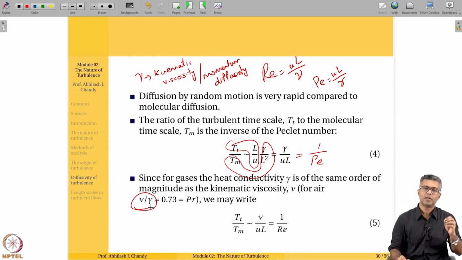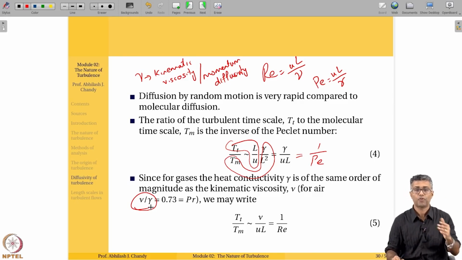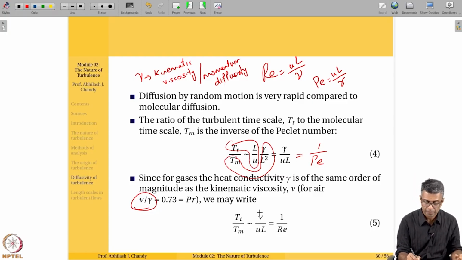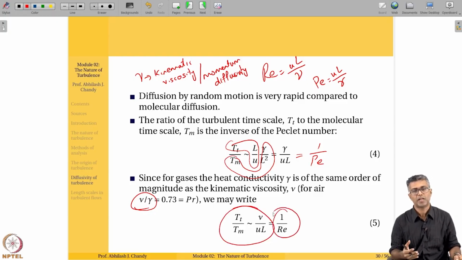Meaning nu is of the same order of magnitude as gamma. So in that case, your Tt over Tm can also be written as nu over UL, which is 1 over Reynolds number. So essentially, the inverse of Peclet number just became the inverse of Reynolds number.